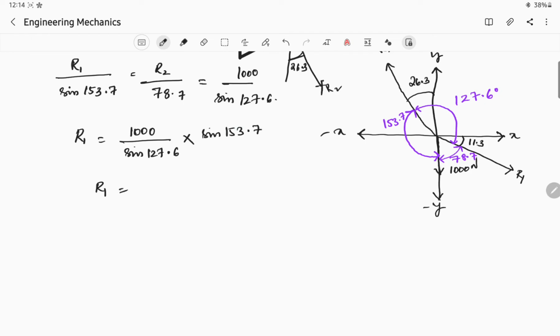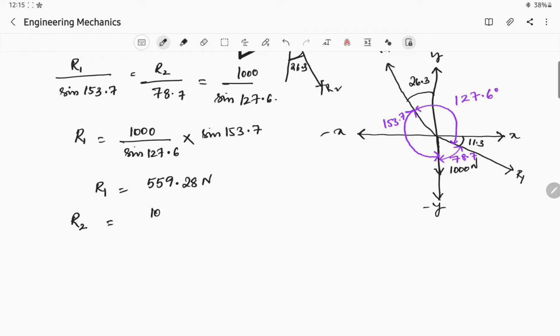If you solve this, 1000 into sine 153.7 whole divided by sine 127.6, you will get 559.28 newtons.